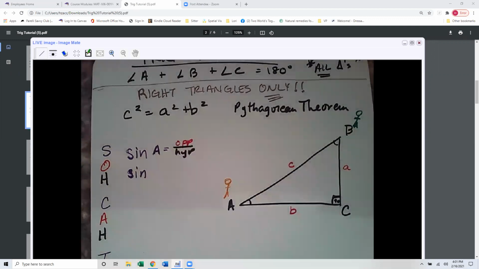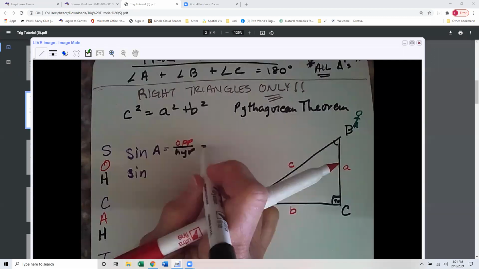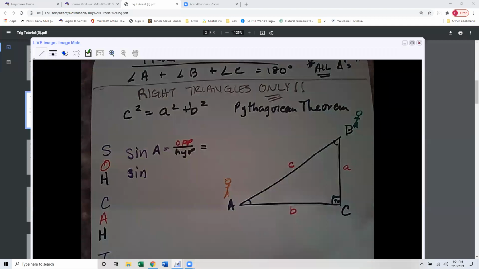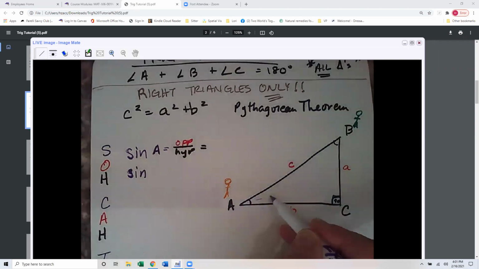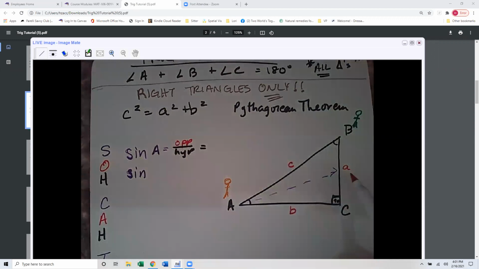So that would be equal to, from the perspective of A, so I'm the little orange stick figure, when I look across the triangle, the opposite side from angle A would be side little a.